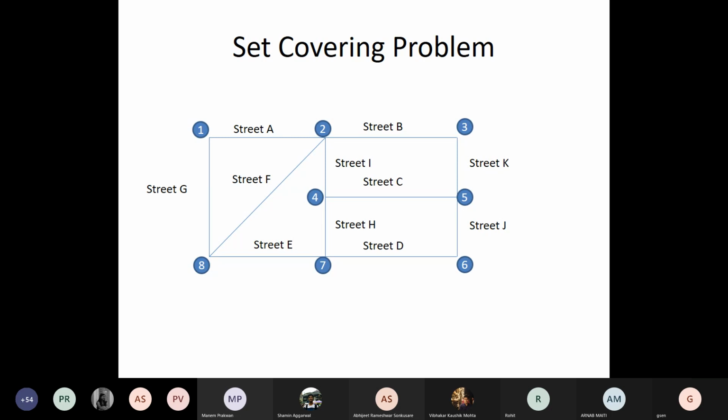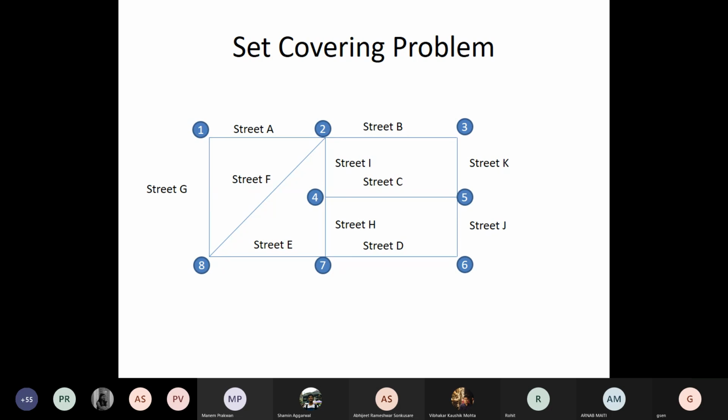For each edge you will have a covering constraint. It should be greater than or equal to 1, so at least one of the endpoints covers it.